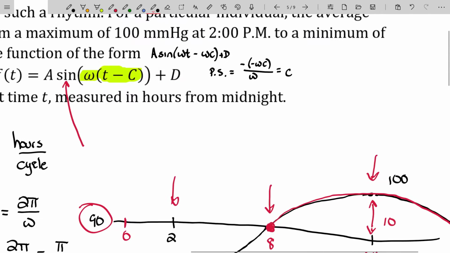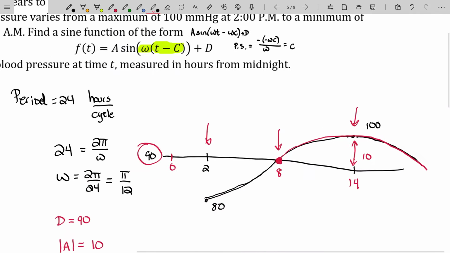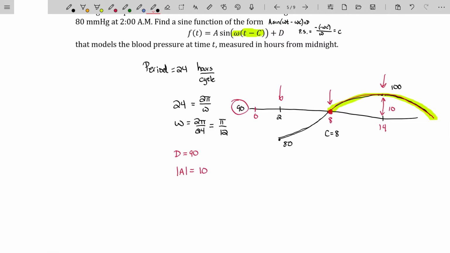So where did we start graphing the sine function? Well, we started graphing it right there, at time 8. So in this case, c is equal to 8. That's where the right side up sine curve started. Since it's right side up, I know that a is positive and it's 10.